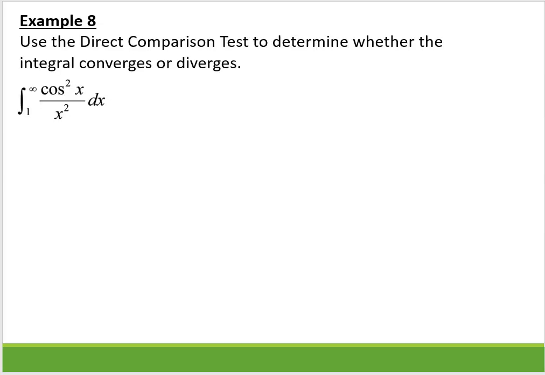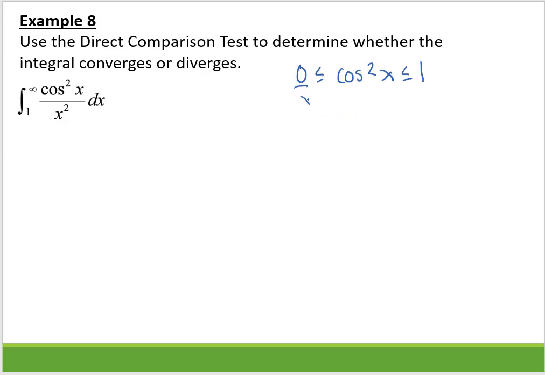Okay, so use the direct comparison test to determine whether or not this integral converges or diverges. This one is a lot more challenging in picking our functions. So we know cosine squared is going to range between 0 and 1. Since I'm squaring, I'm not going to go into any negatives.